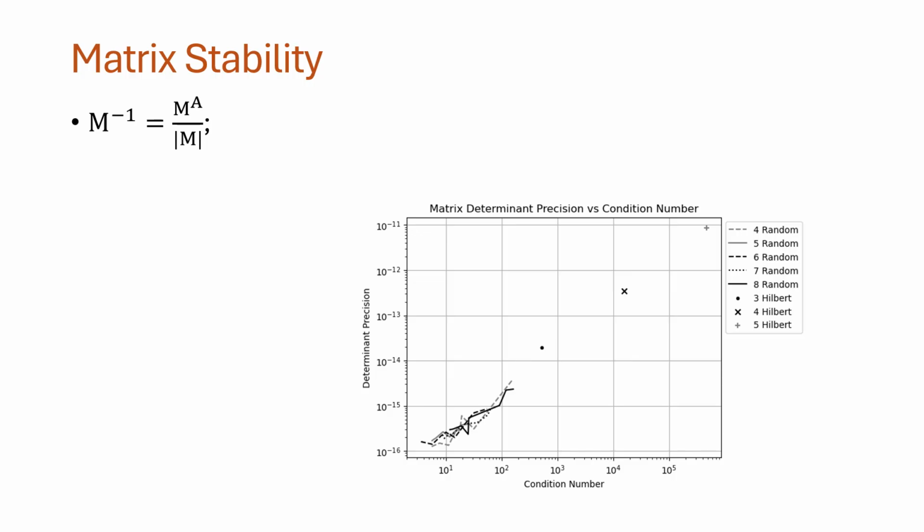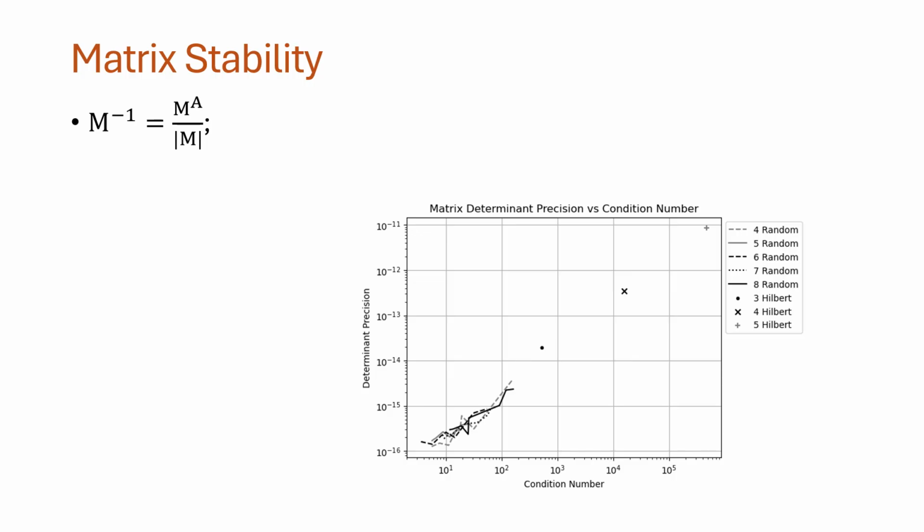So the precision of the denominator properly determines the precision of the final matrix inversion. And we clearly see here the x-axis is condition number, and the y-axis is determinant precision, and this shows a relation between the condition number and determinant precision for many randomly generated matrices.